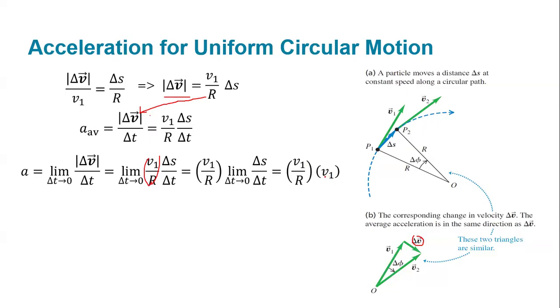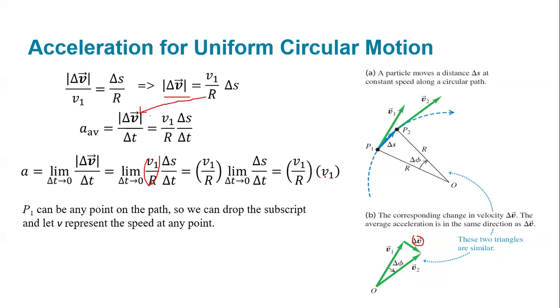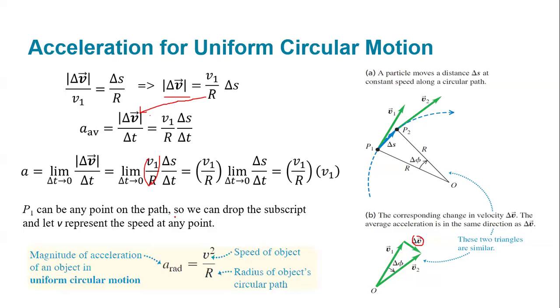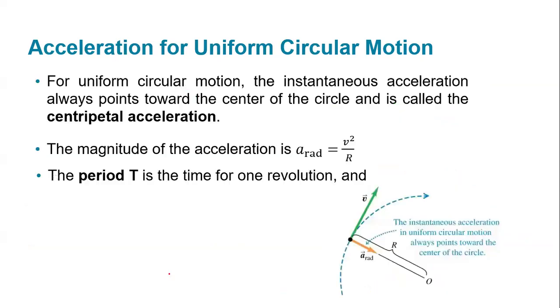So we have now V1 squared over R. Point P1 can be any point on the path, so we can drop the subscript and let V represent the speed at any point. So the magnitude of acceleration of an object in uniform circular motion, which we call the centripetal acceleration, a_rad, is equal to the square of the speed of the object over the radius of the object's circular path. Okay.